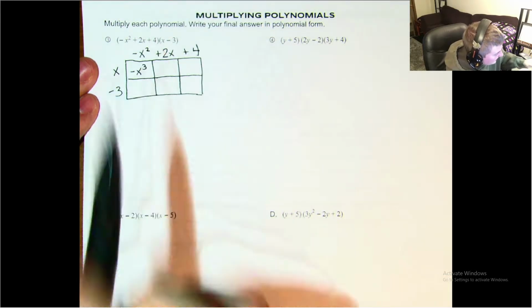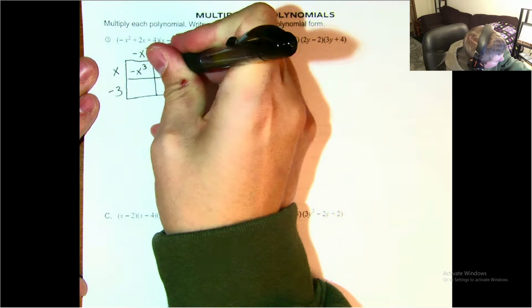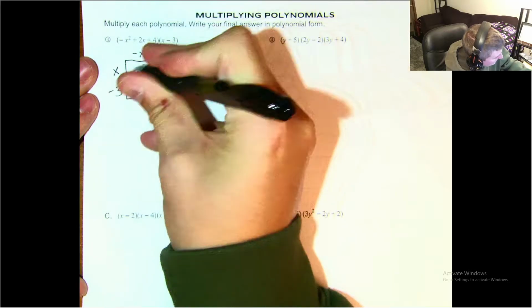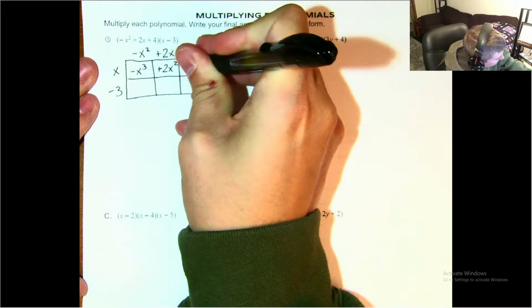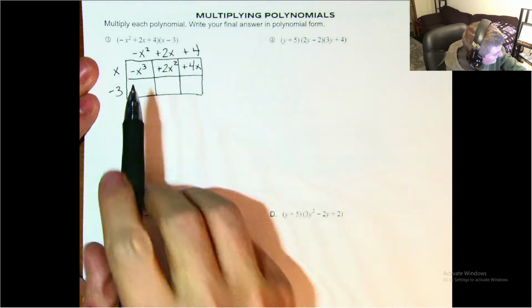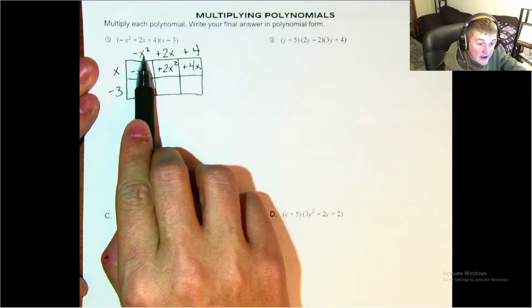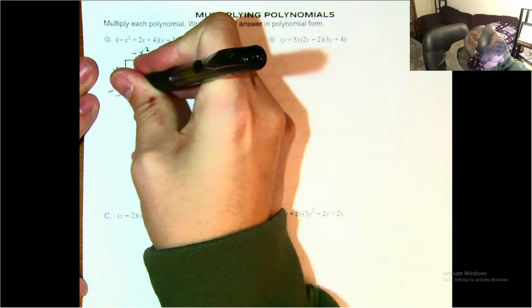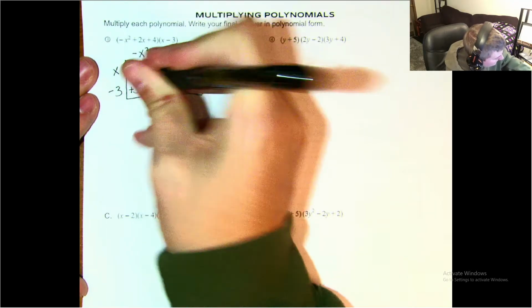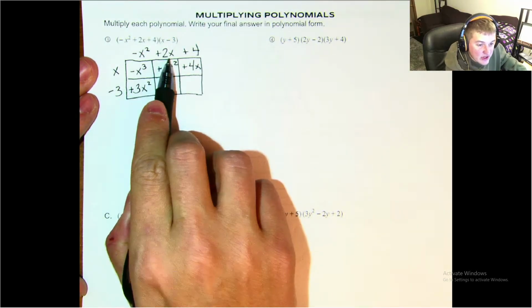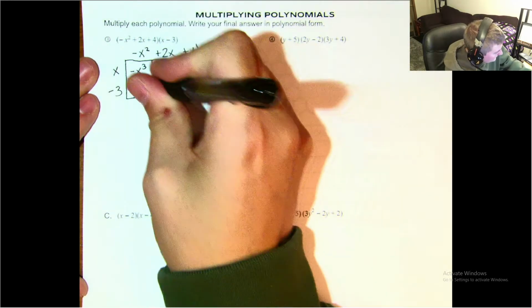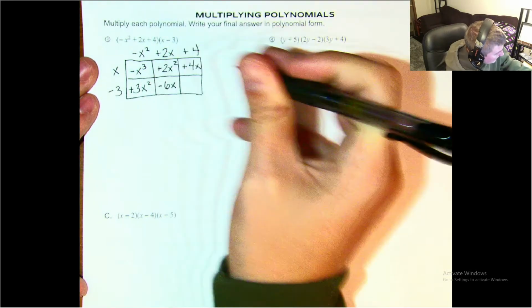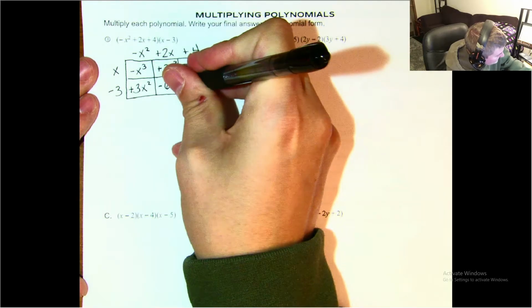X times 2x would be plus 2x squared. X times 4 would be 4x. Negative 3 times negative x squared, well, negative times a negative is a positive, and then that would be positive 3x squared. Negative 3 times 2x would be minus 6x. And then negative 3 times 4 is negative 12.